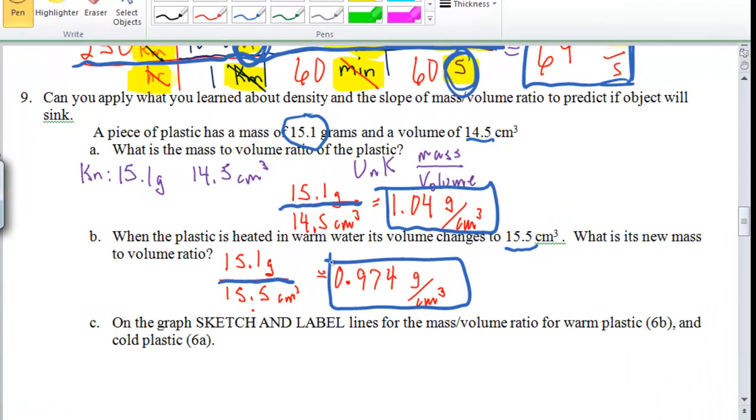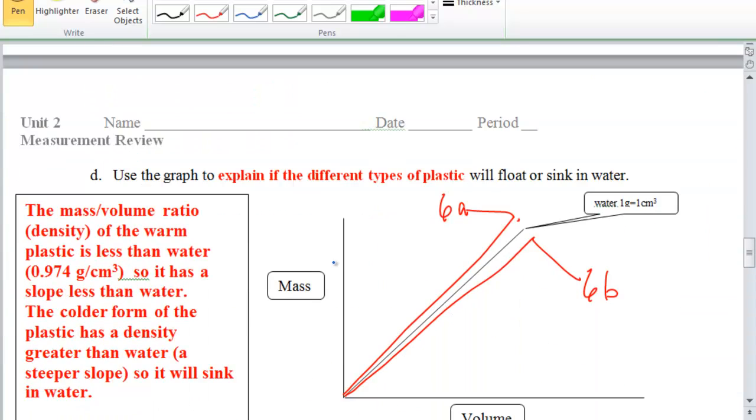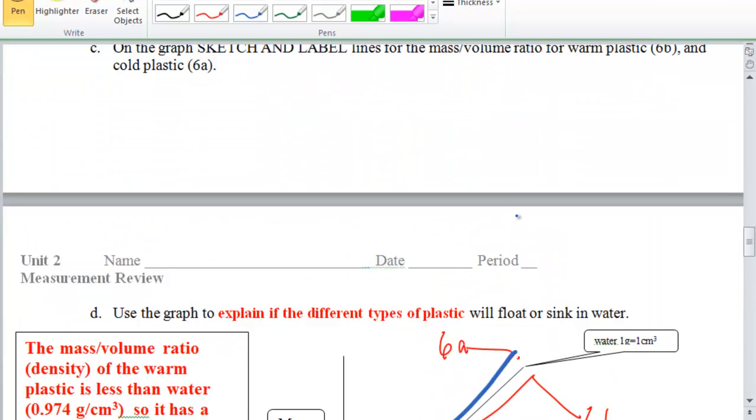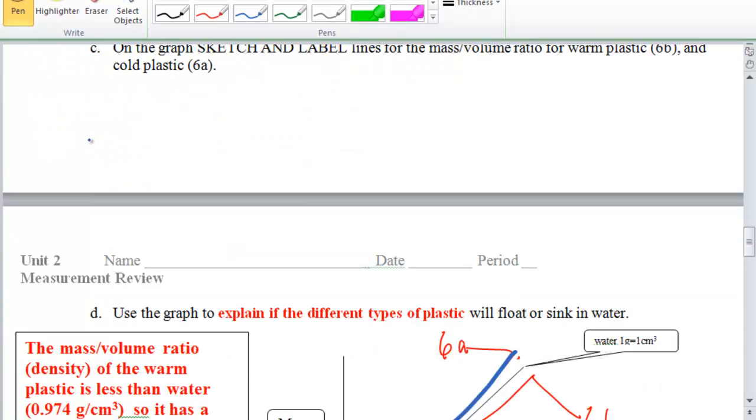So if we move on to the sketch, we need to be sure that the piece of plastic with the greater slope, that's this one. I'm just going to trace that in here. That is 6A. In other words, if we come back up here, we will see that in part A, the piece of plastic that is colder has a density greater than water.